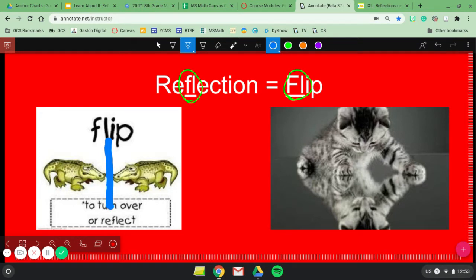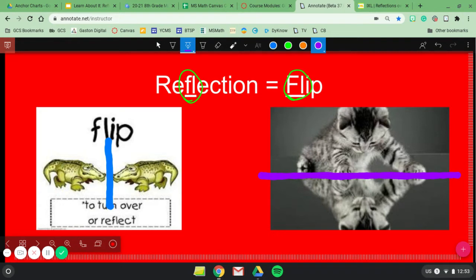The second image of the cat is a little bit trickier only because it doesn't give you the line of reflection, but you can tell by looking at the image that it's right here between those paws. So that would be the line of reflection for the cat.